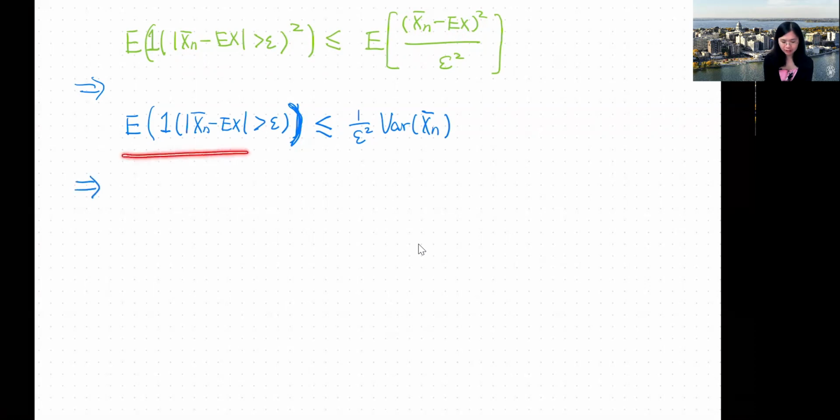Now, if you look at the left-hand side, that's the expected value of the dummy variable. The dummy variable follows the Bernoulli distribution with success rate equal to the probability that this event happens. And the expected value of a Bernoulli random variable equals the success rate. So the expected value of the dummy variable equals the probability that the event defining the dummy variable happens.